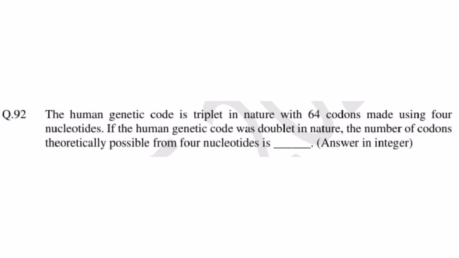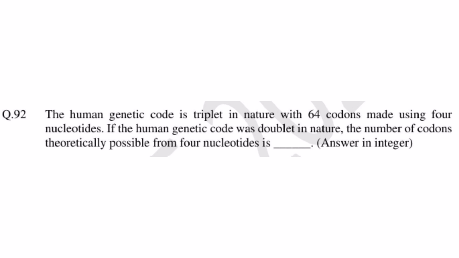Then next one, the human genetic code is triplet in nature with 64 codons made using 4 nucleotides. So 4 raised to 3 will give you 64 codons. Now if the human genetic code were doublet in nature, what is the number of codons theoretically possible from 4 nucleotides? 4 cubed gave you 64, and now when the genetic code is doublet, 2 nucleotides will be coding for one amino acid.